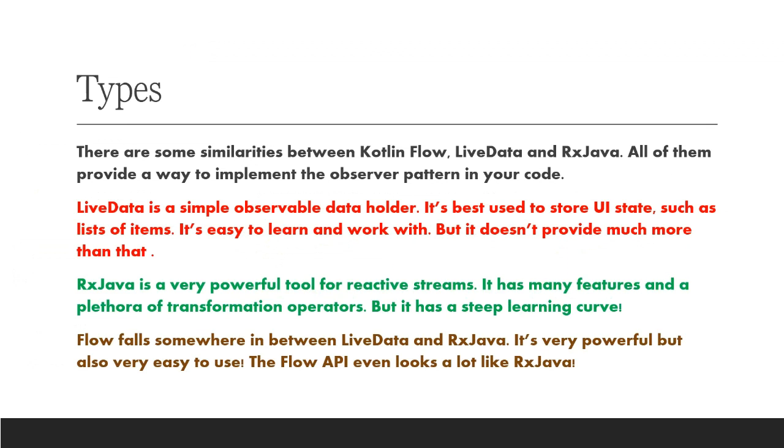So we have many ways to work with asynchronous data flow. The very old approaches from previous times are not used now, but nowadays we are working with Kotlin flow. We have flow, we have LiveData, and we have RxJava. For RxJava, I already described a complete session on that.